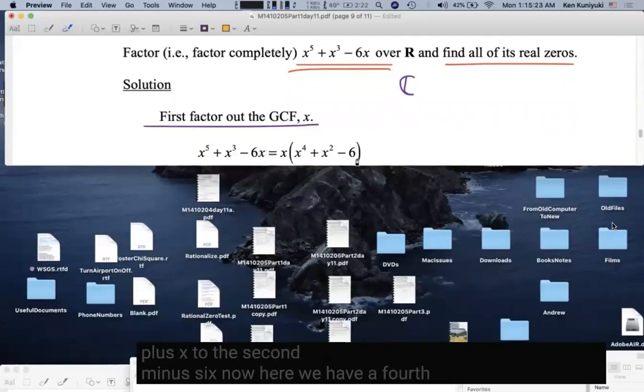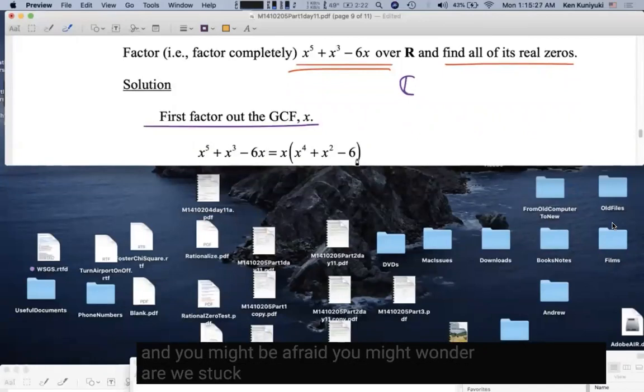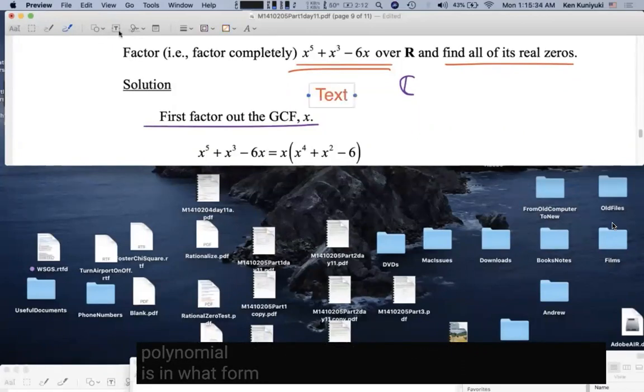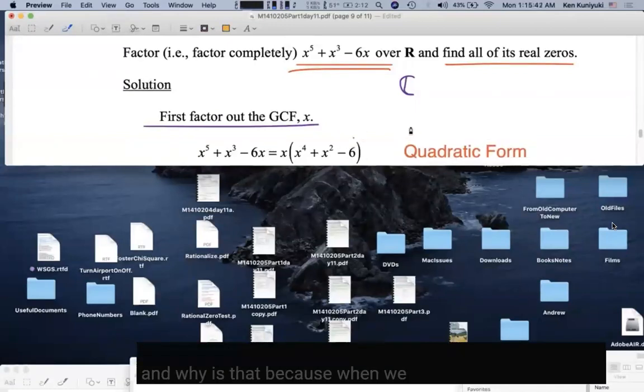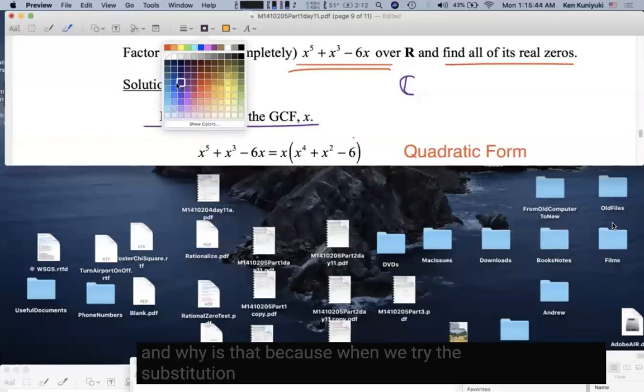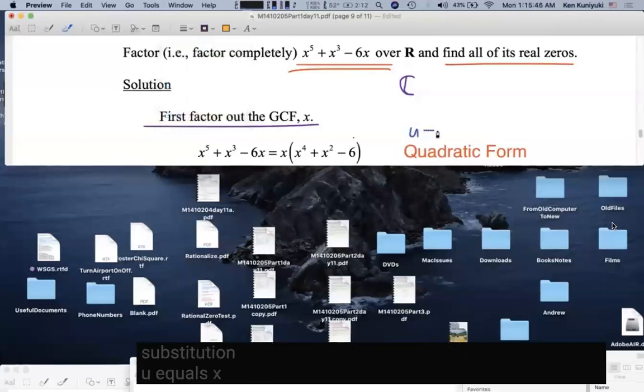Now here, we have a 4th degree polynomial, and you might be afraid. You might wonder, are we stuck? But we're not, because this 4th degree polynomial is in quadratic form. And why is that? Because when we try the substitution, u equals x squared, the middle power of x, we end up with a quadratic trinomial.